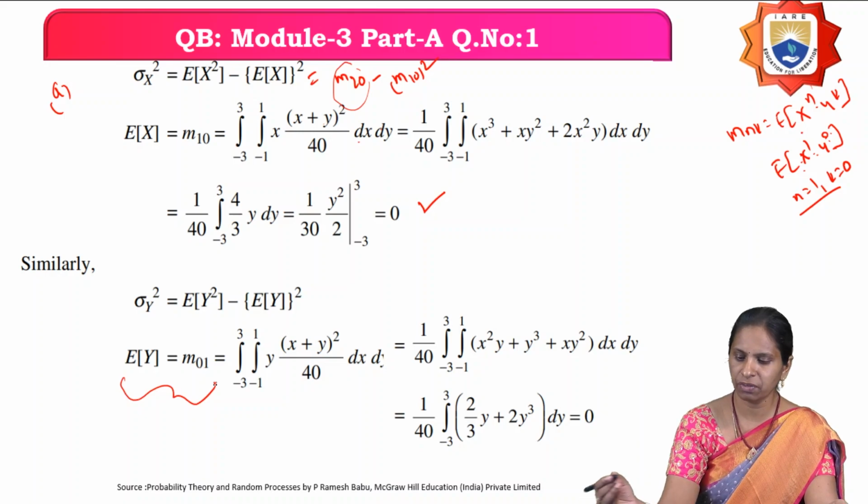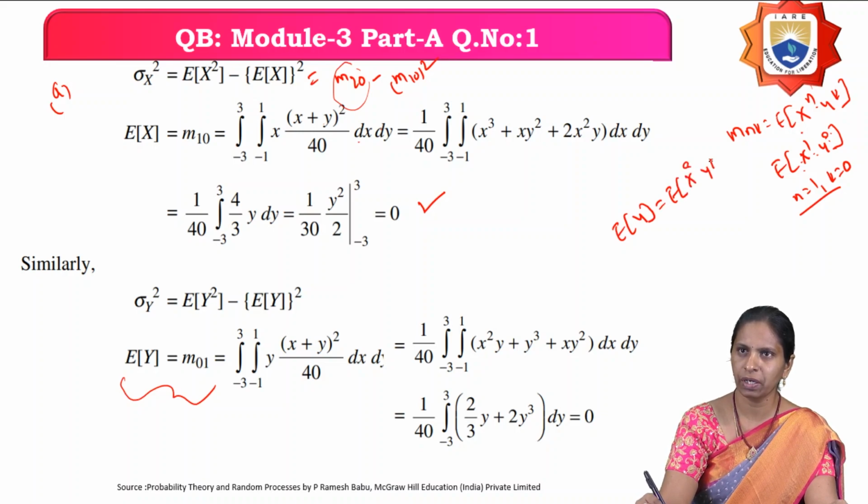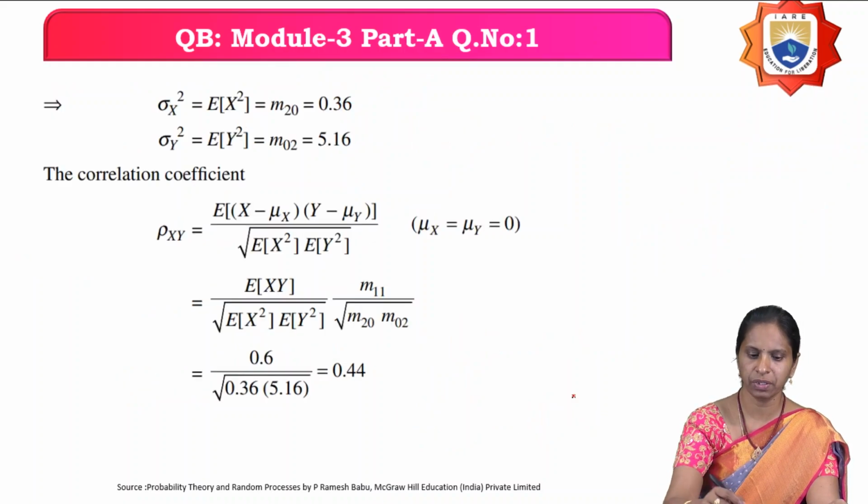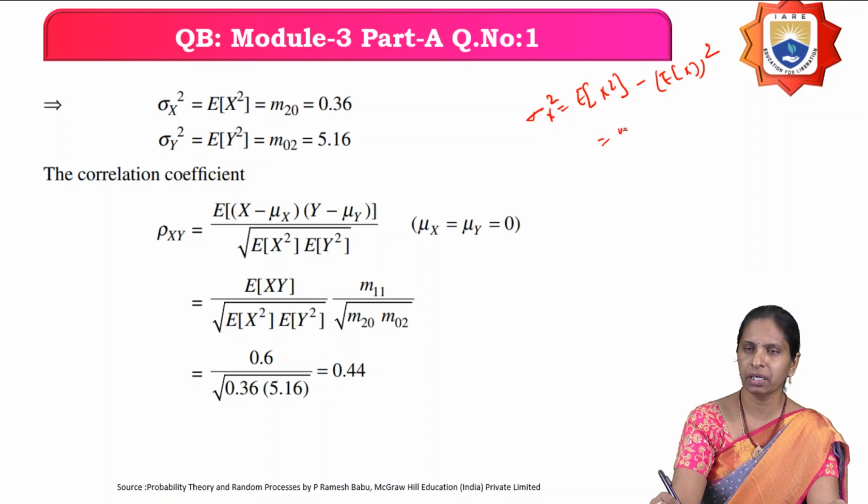So, what is the mean of the random variable y? It is nothing but the expectation of x power 0 into y power 1, which means the n value is 0 and the k value is 1. Therefore, it is nothing but M01. So, you calculate M01 and you get it as 0. Now, we write down the variance of the random variable x. What is the variance of x? It is the expectation of x square minus the expectation of x whole square, nothing but M20 minus M10 whole square.